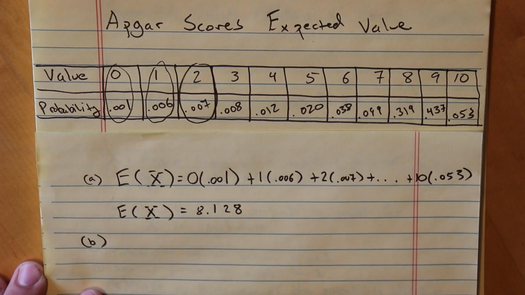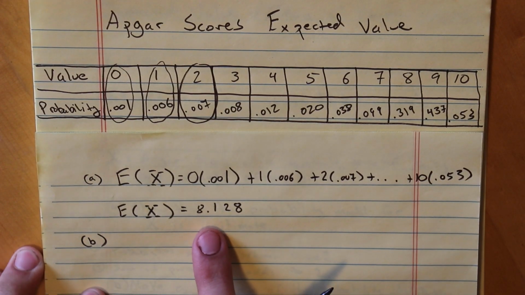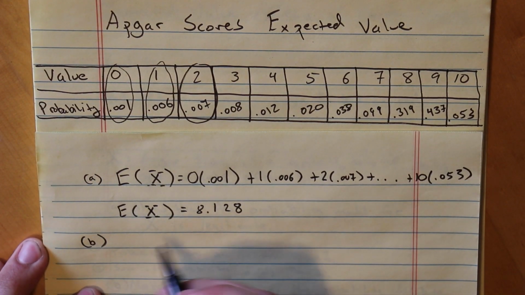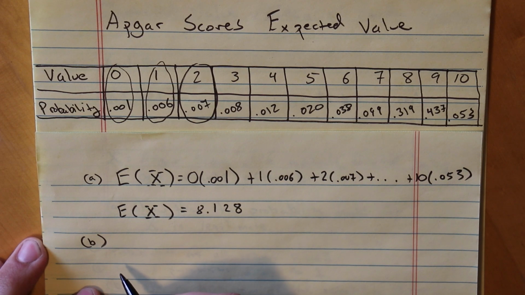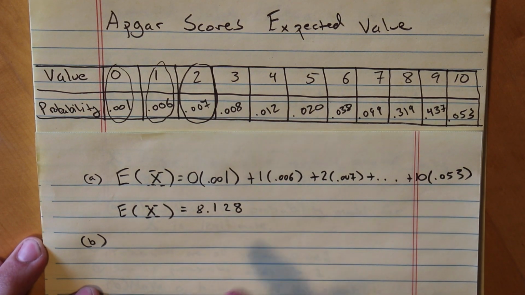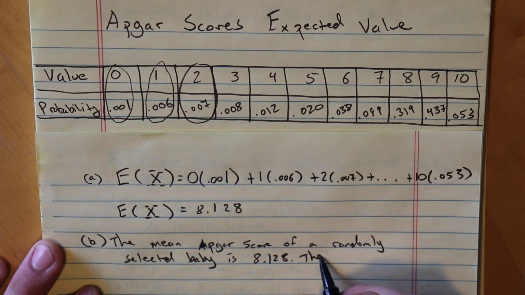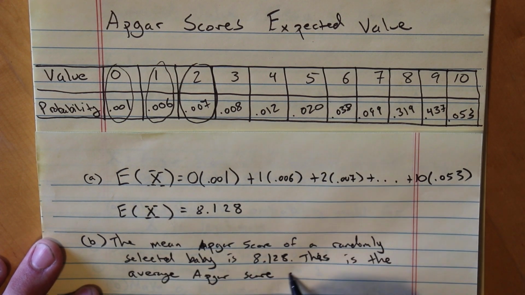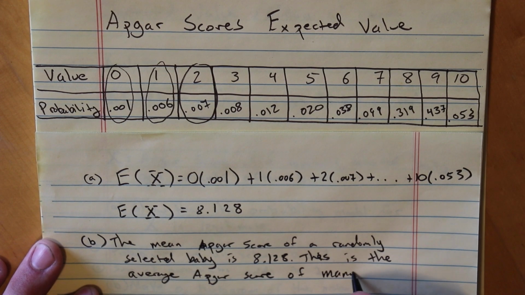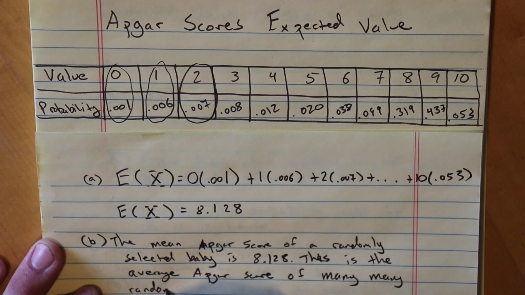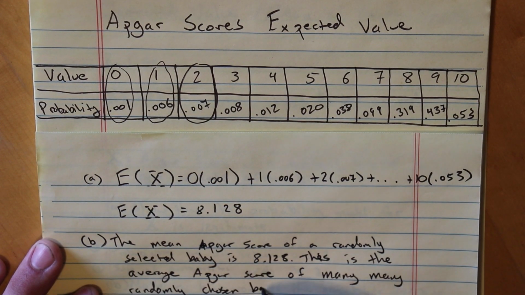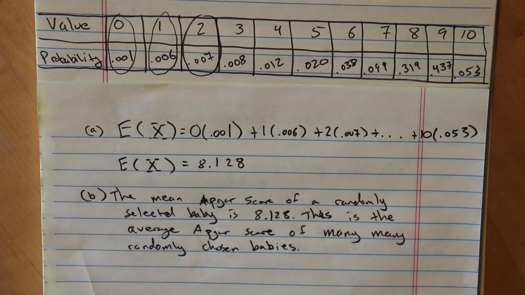So now we're going to interpret this value. What does it mean about these Apgar scores? Well, this means that the mean Apgar score of a randomly selected newborn is 8.128. This is the average Apgar score of many, many randomly chosen babies. If we take many, many, many randomly selected babies, the average Apgar score is going to be 8.128.